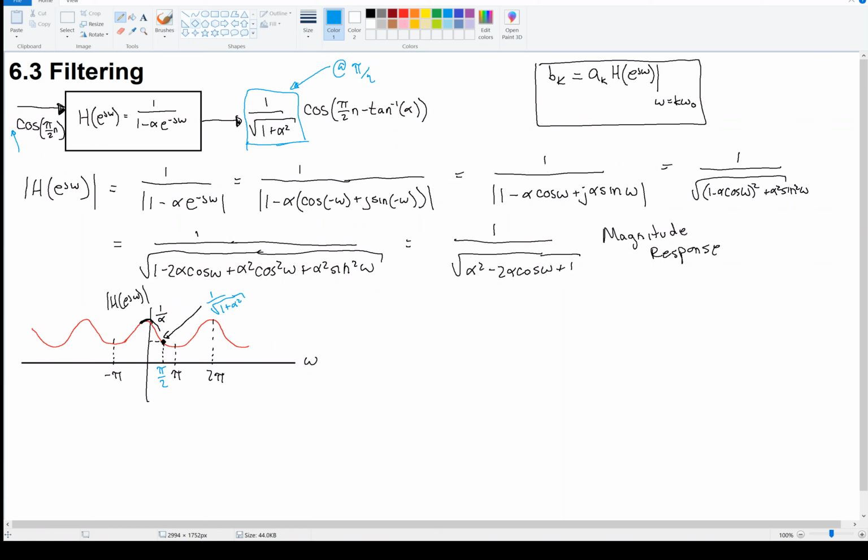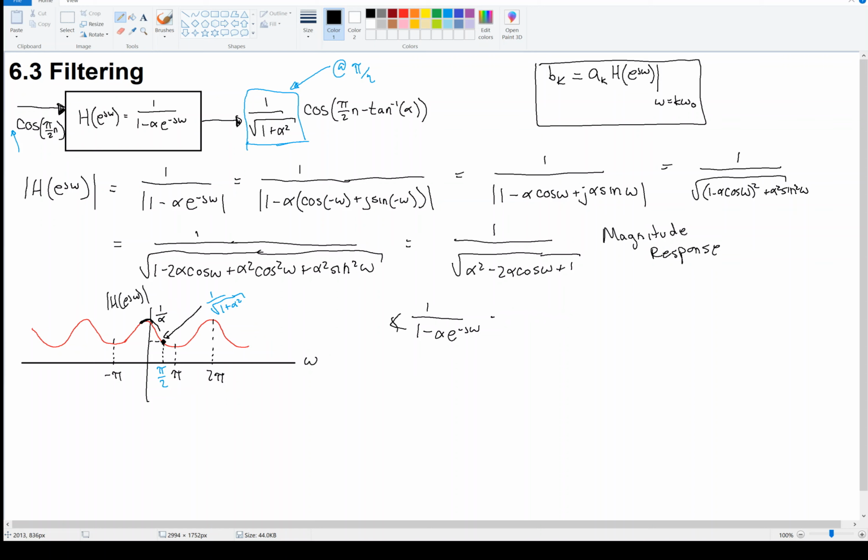Okay, now let's go back to our frequency response. Here it is again, 1 over 1 minus alpha e to the minus j omega. Let's find the phase. This thing only tells half the story. So the phase of that complex expression, 1 minus alpha e to the minus j omega, is equal to the phase of the numerator, which is 0, minus the phase of the denominator.